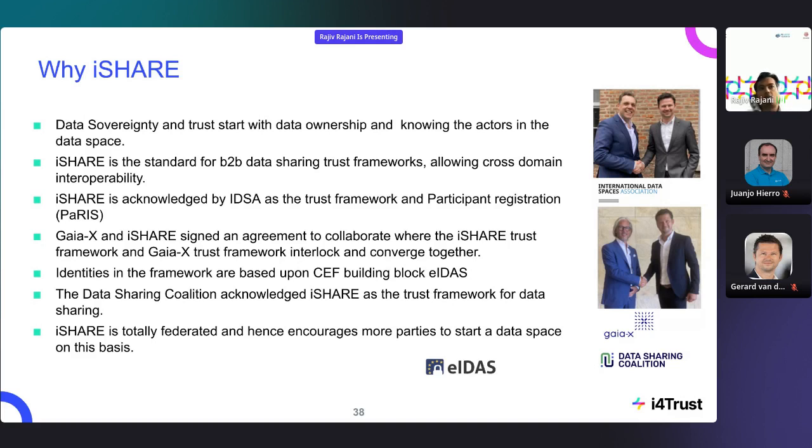The Data Sharing Coalition has also acknowledged iShare as a trust framework for data sharing, and all the organizations involved in the Data Sharing Coalition are also following that. And of course, iShare is totally federated and encourages more parties to start data spaces with the basis of being federated and interoperable data spaces.